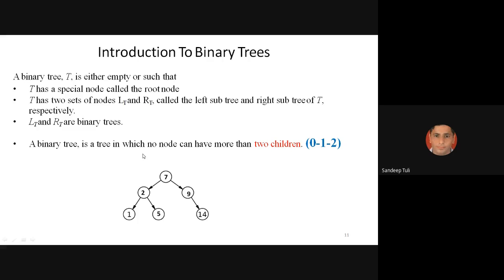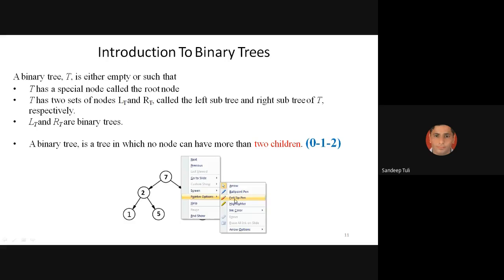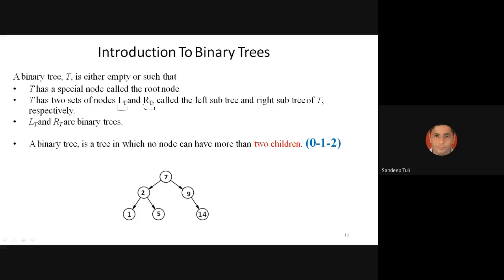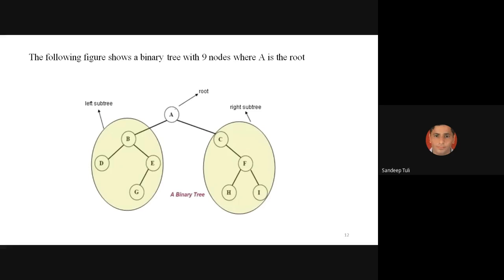So I'm repeating the definition of a binary tree. A tree T is either empty or such that T has a special node which is a root node. Always a tree must have a root node. Now T has two sets of nodes: one is the left subtree and one is the right subtree. Both are individually binary trees. In this example, you can see I have a root node A, and the other subtrees are the left subtree and the right subtree.